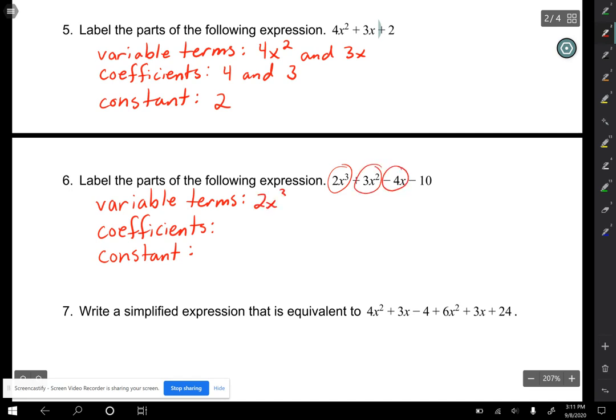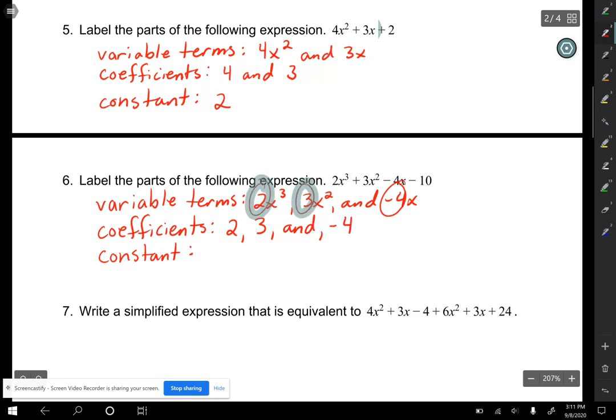So 2x cubed, 3x squared, and negative 4x are my variable terms. My coefficients are the numbers in front of the letters. So 2, 3, and negative 4 are my coefficients. And last but not least, that constant is the number by itself that does not have a letter attached to it, which is negative 10.